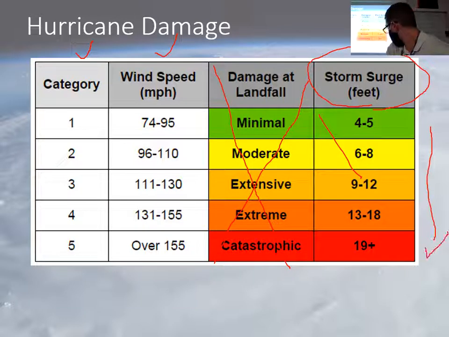Now, for my in-person students, you can write that down just because you're able to. But I would just focus on, you got these already, so you're good. Again, the higher the number, the worse the hurricane is. But just keep in mind, storm surge gets worse. That's when the wind pushes the water to higher levels and it makes it flood everything. That's a big problem, right?